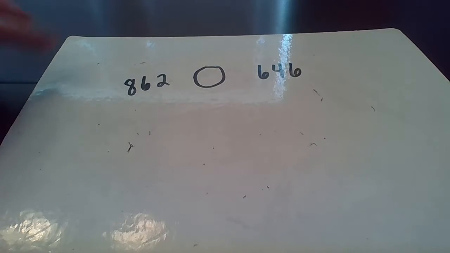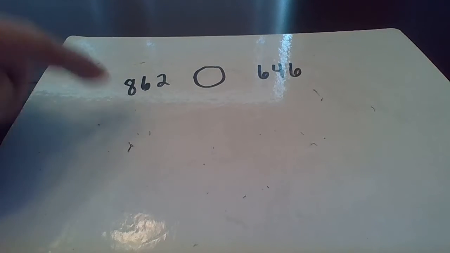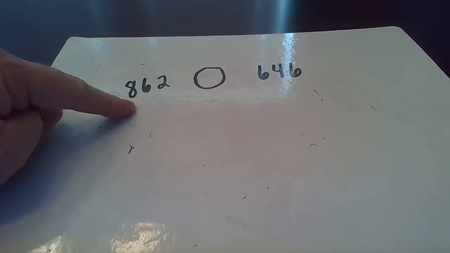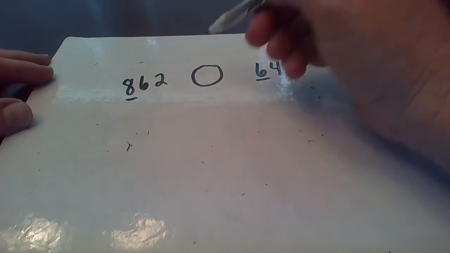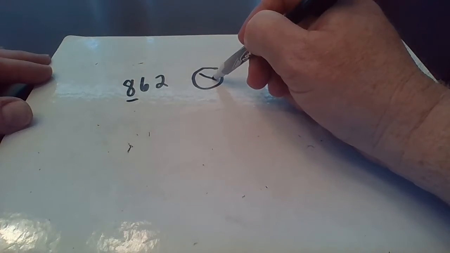We always start at the highest place value possible, so that would be the hundreds place. We have an 8 and we have a 6. Would you rather have 800 or 600? And remember, I said it always opens up to the bigger number and points to the smaller number. So 862 is greater than 646.